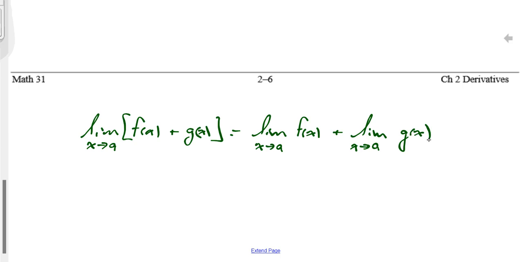And there were a whole bunch of rules on that page that we could make use of. So what this is telling me is if I have something like x squared plus 4x to the fifth, I can take the derivative of each part separately and then just add them together later.